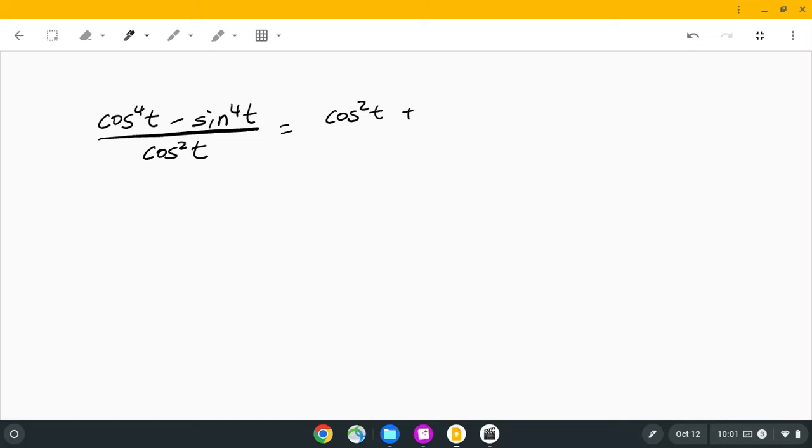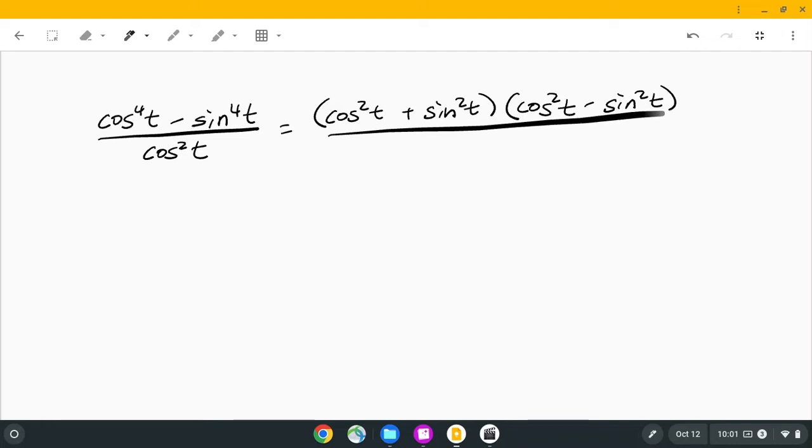So this is going to be cosine squared plus sine squared times cosine squared minus sine squared. And then I have cosine squared down below. All right, and then here, sine squared plus cosine squared, this is 1, okay? So I get cosine squared minus sine squared over cosine squared, okay? I only have this left in the numerator because, again, this equals 1 from the Pythagorean identities.